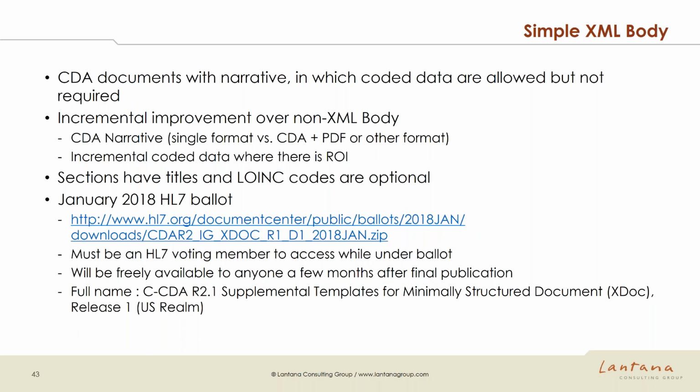So even though I think you could still sign up to get the content, you wouldn't be able to vote in this case. But it will be freely available to anyone a few months after final publication. And the full name is listed at that bullet at the bottom there. CDA Release 2.1 or C-CDA 2.1 supplemental templates for a minimally structured document, or XDoc Release 1. Okay, next slide.